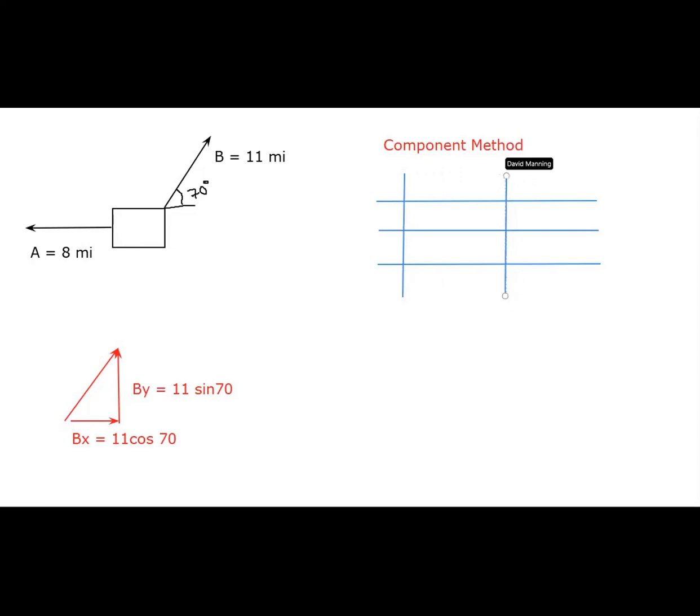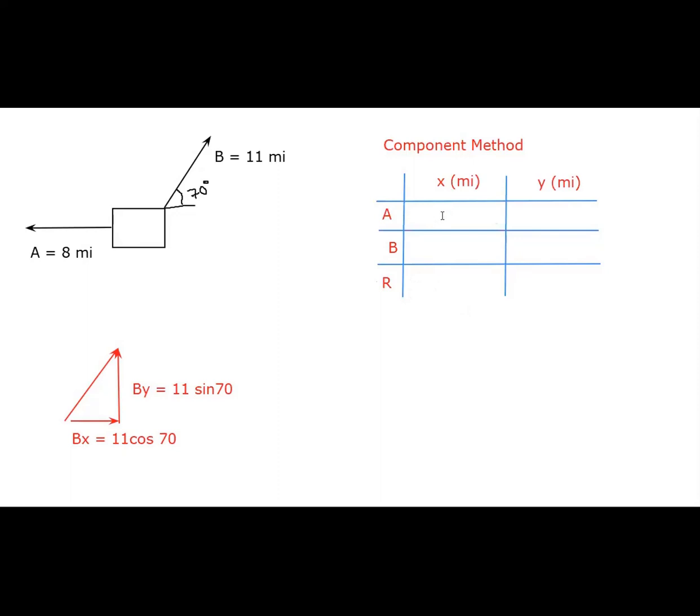And in this chart, I'm going to have my x values, and this is in miles, and my y values, that's in miles, and my vectors are A, B, and then our resultant vector. That's what we're solving for. So what we're going to do is solve these vertically.